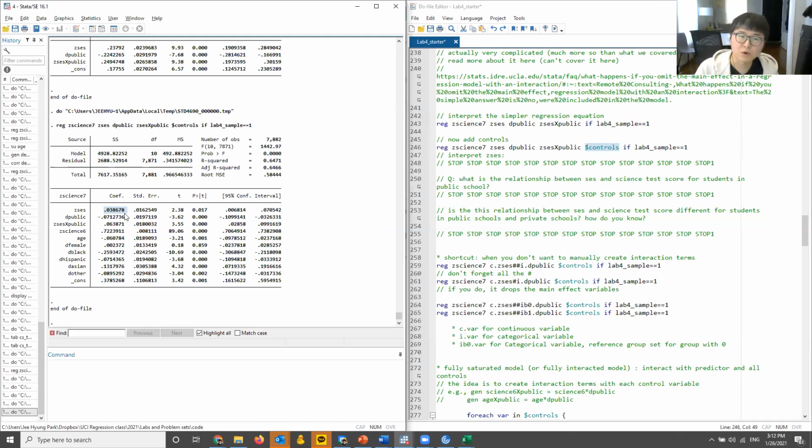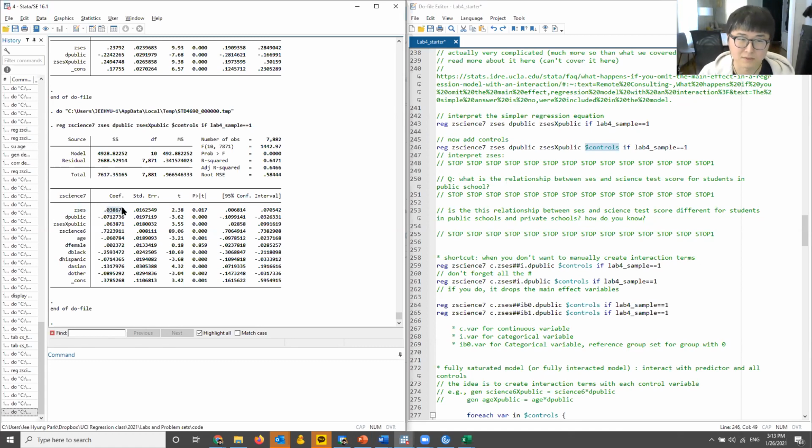So controlling for demographic characteristics and prior test score, what is the relationship between SES and science score for someone in public school? Why is that for public school? Oh no, this is for private school. Does that clear things up, or do you still have a question?